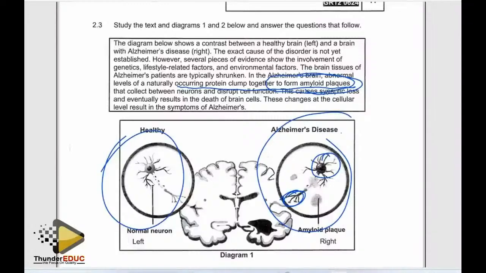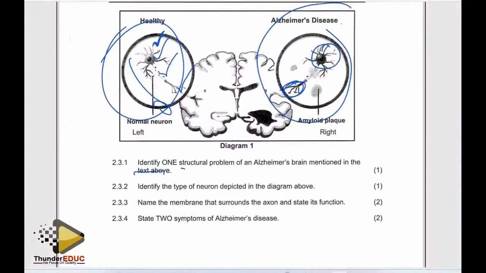It moves from dendrite, cell body, axon, to the terminal branches of the axon. That's how the impulse moves. All right. Let's continue.